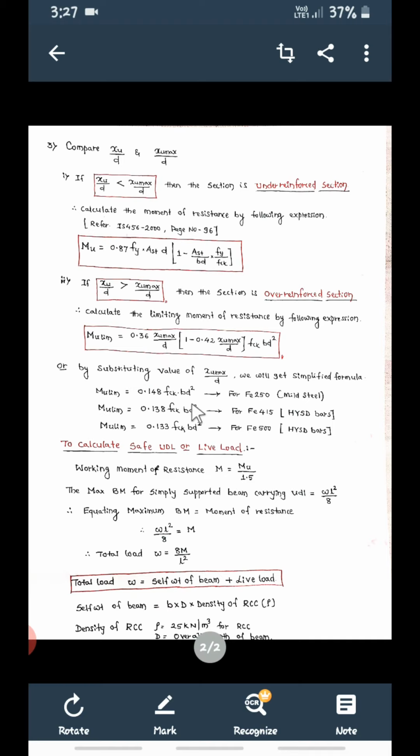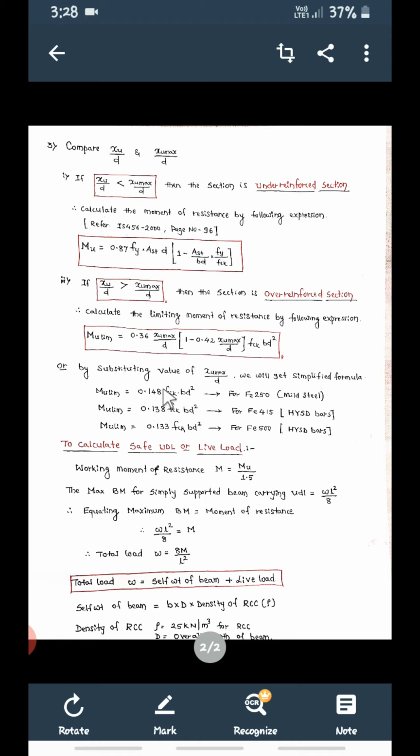So we'll get three equations. Mu limit is equal to 0.148 fck bd square. Directly you can use Mu limit is equal to 0.148 fck bd square.